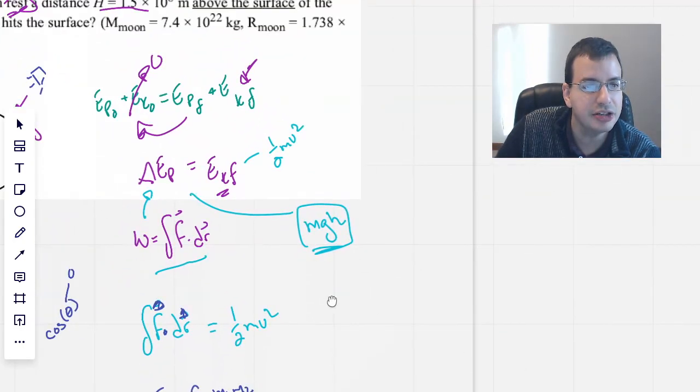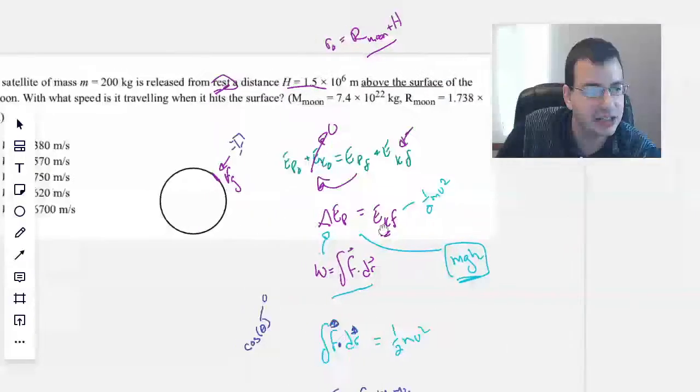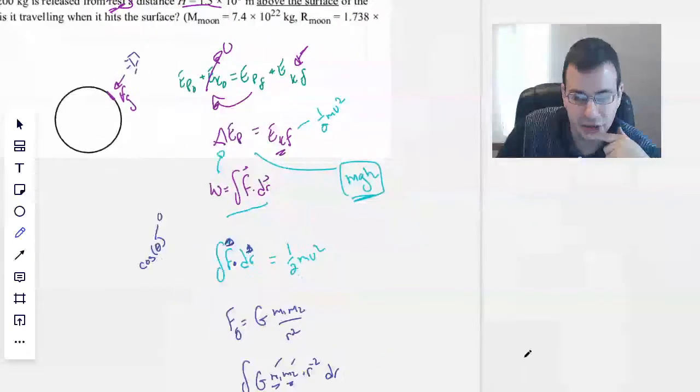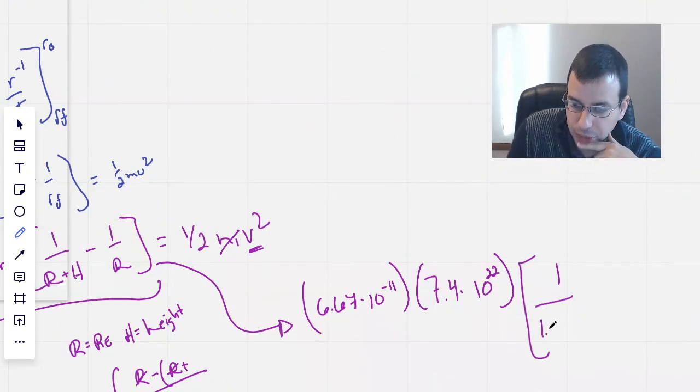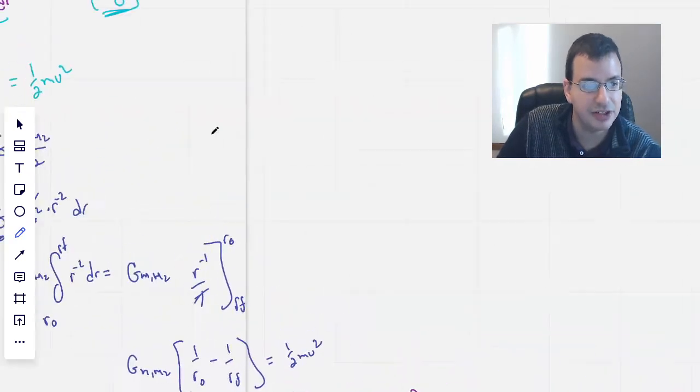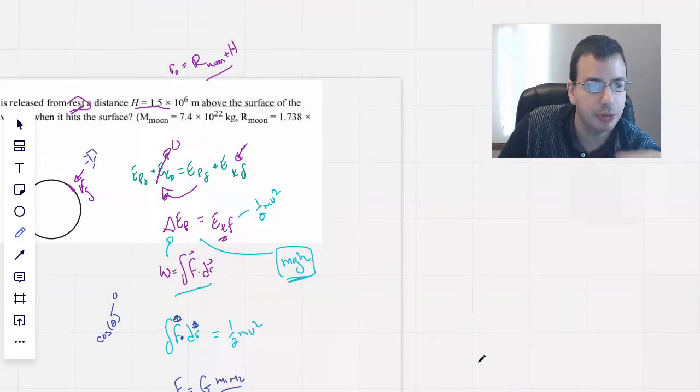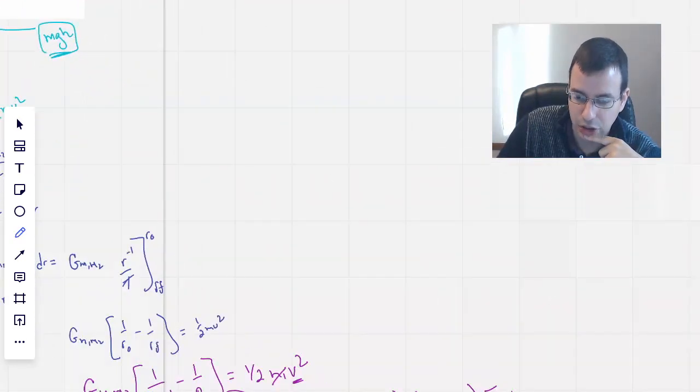R is 1.738 times 10 to the 6th. And we'll add on to that the height of the satellite, which is h, 1.5 times 10 to the 6th.